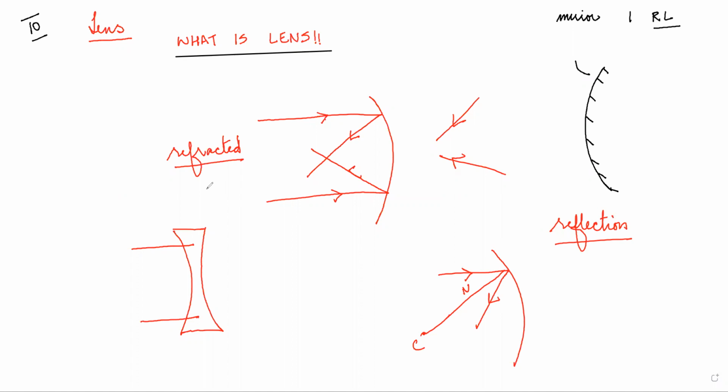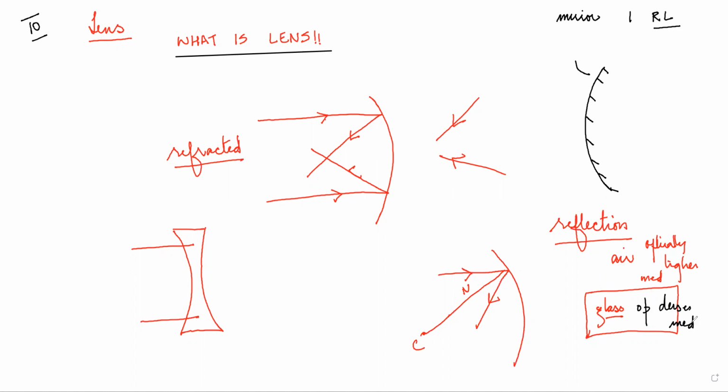But what is refraction? Students, we say these are two mediums, right? One is air and the other is, let us say, glass. Now, students, air is known as an optically lighter medium, and the glass is known as an optically denser medium.